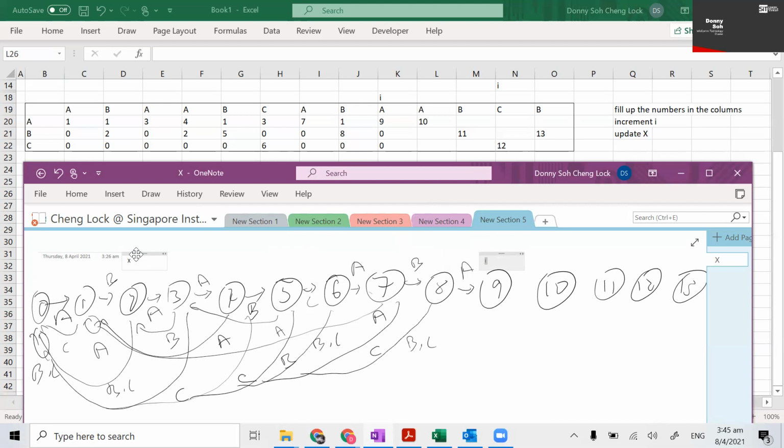If I see an A, X will go to state 3. 9 to 10, 9 to 10 is an A. If X sees a B, it will go to state 2. It's a bit messy.